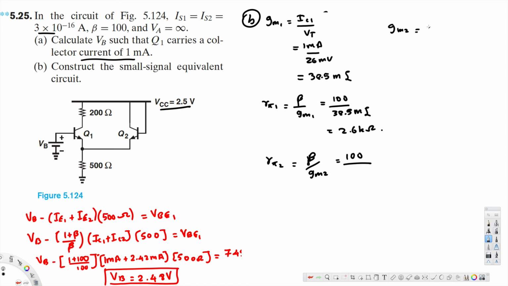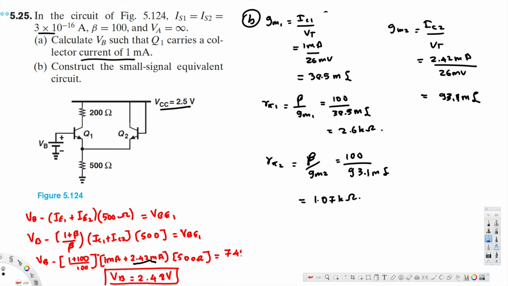GM2 is equal to IC2 divided by VT, and we calculated IC2 previously, that is 2.42 milliampere, divided by VT, which is 26 millivolts, and that gives us 93.1 millisiemens. That's the value we are going to put here, 100 divided by 93.1 millisiemens, and that gives us 1.07 kilo ohm. Now let's go ahead and draw the equivalent circuit model.